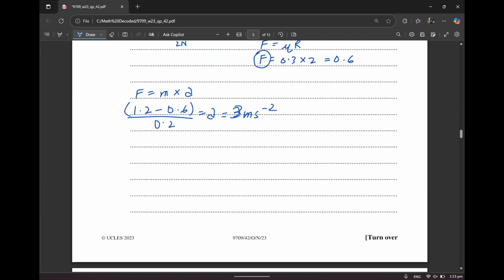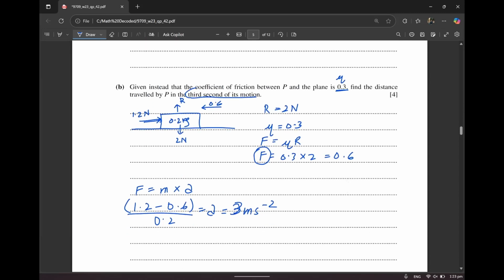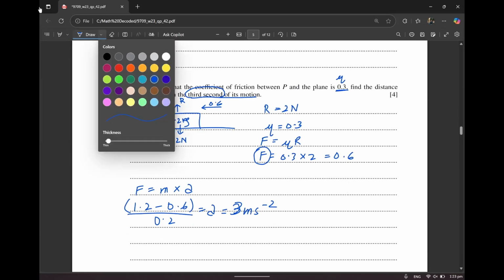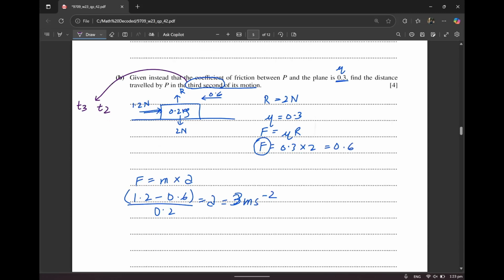Now I can use SUVAT equations to figure out the distance in the third second of its motion. There's one thing you need to understand: if it says third second of the motion, you are first going to figure out the value of s at t equals 3, and then the value of s at t equals 2, and then you're going to subtract these two values. So let's figure that out.